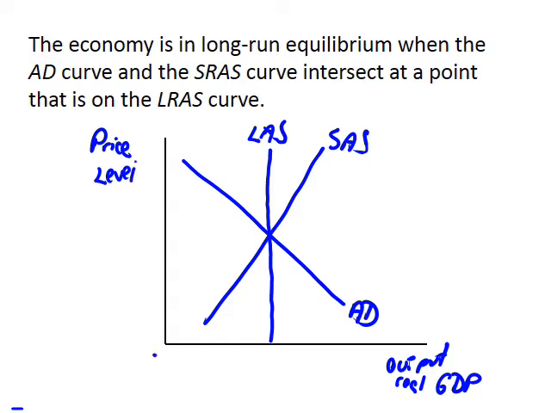And once again, we're not dealing with Q, but Y, and I'll call this FE, the level of national income at the full employment level. All right, so they all intersect at the same point, and we are in the long run equilibrium.